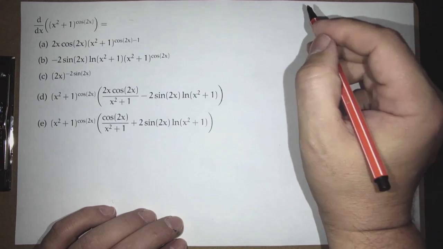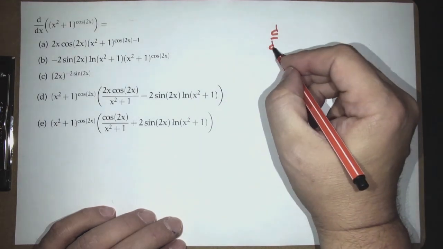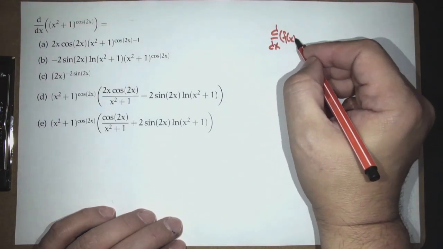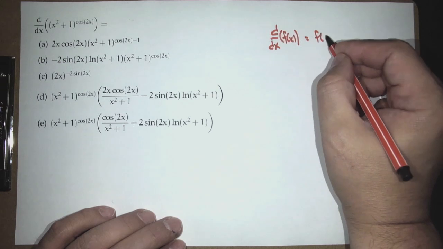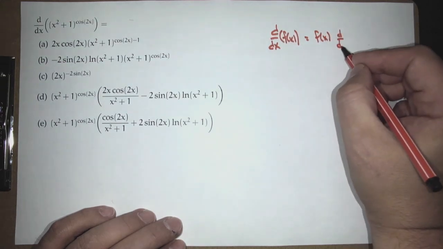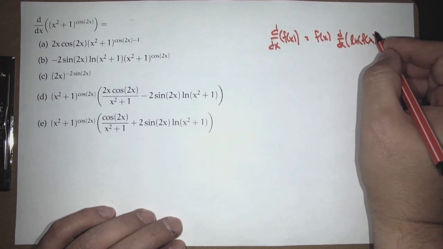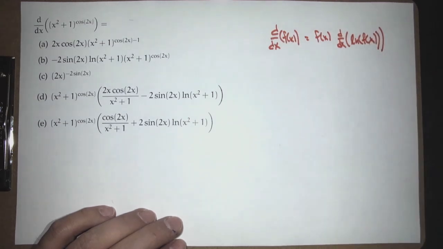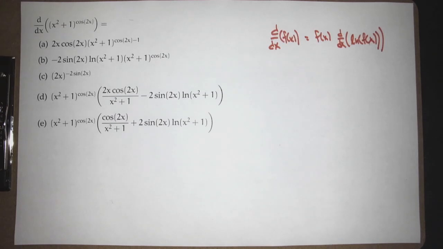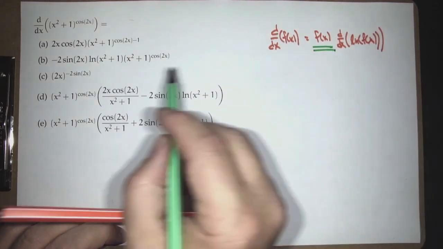So let's write down the formula. The derivative of f of x is f of x times the derivative of the natural log of f of x. So, that's logarithmic differentiation as a formula, which says what? Our answer better include what we started with.